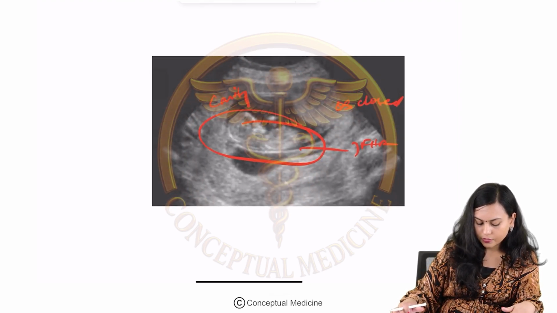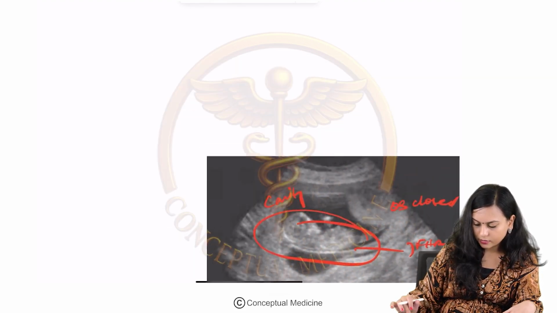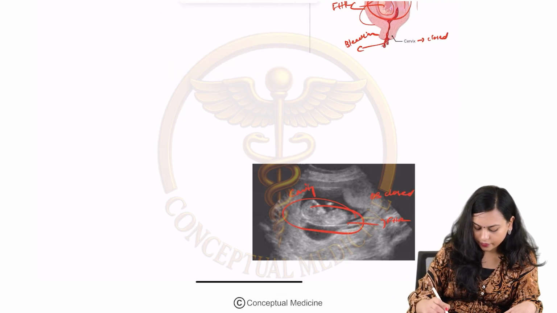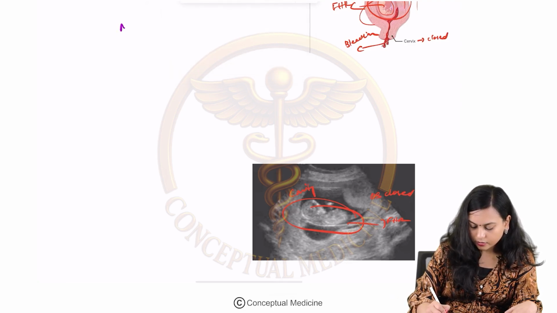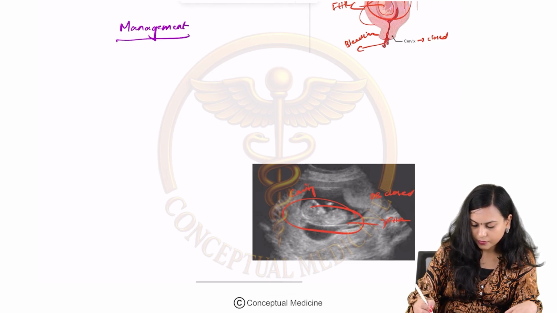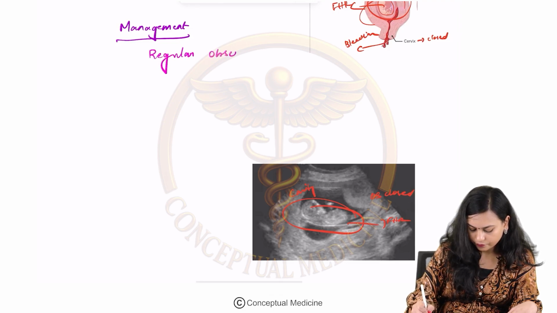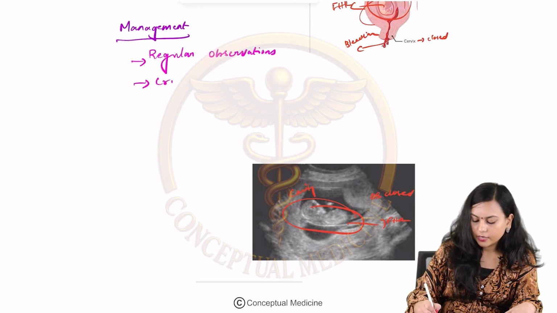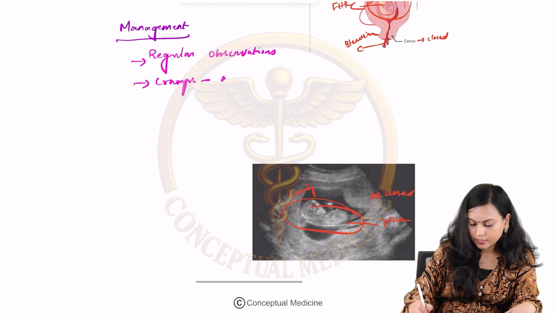Now, what will be the advice you can give to the patient? Generally you can advise her that regular follow-up is enough. So, regular observation, and for the cramps or pain, you can give her some analgesics.